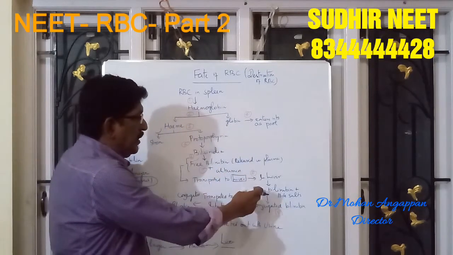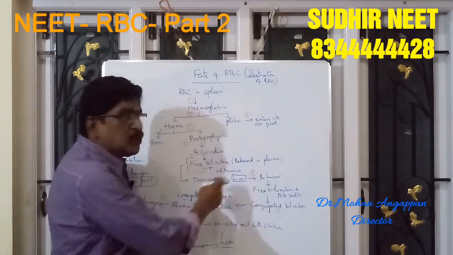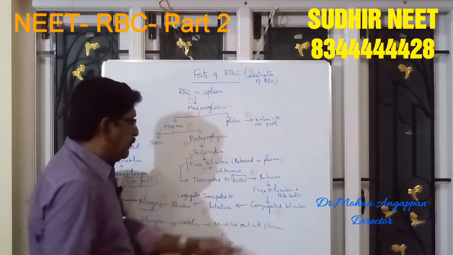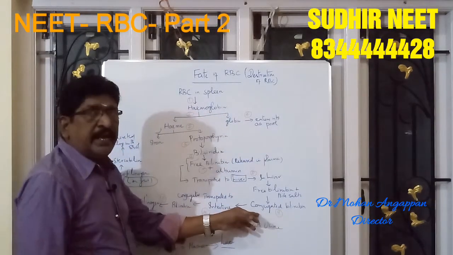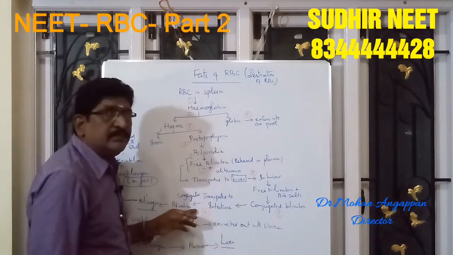In the liver, the free bilirubin combines with the bile salts to form conjugated bilirubin. This conjugated bilirubin is transported from the liver to the intestine.